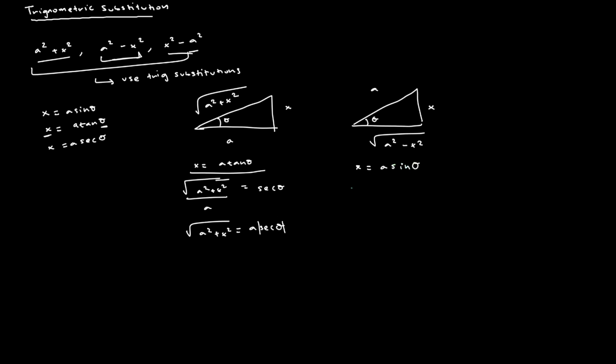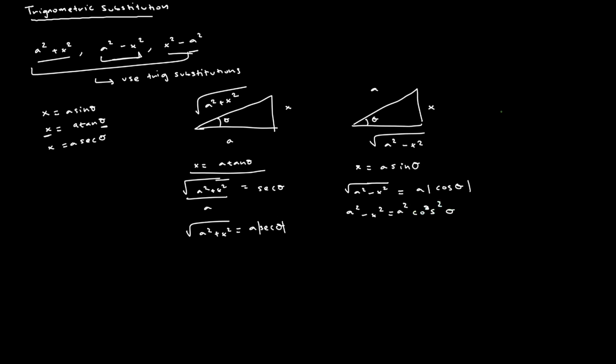And therefore the square root of a squared minus x squared is the adjacent divided by the hypotenuse, which becomes a times the absolute value of cosine theta. And so a squared minus x squared is just the square of this, and that will also remove the absolute value. To be more explicit, a squared minus x squared, we can substitute with a squared cosine squared theta. And so we have a special substitution over here.